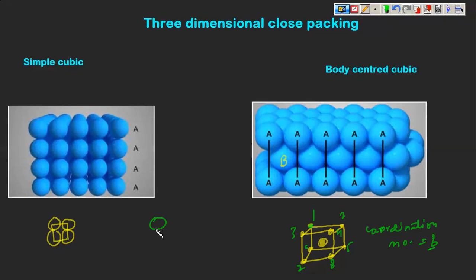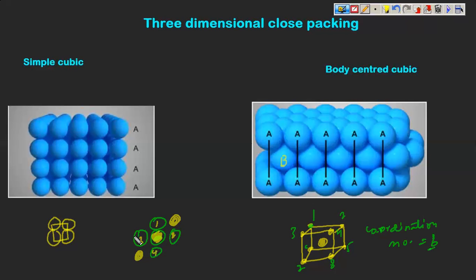Suppose 1, 2, 3, 4, 5. This is square close packing. This is our reference particle. I'm marking it with yellow color. 1, 2, 3, 4, and one particle below this layer is present and one particle above this layer.